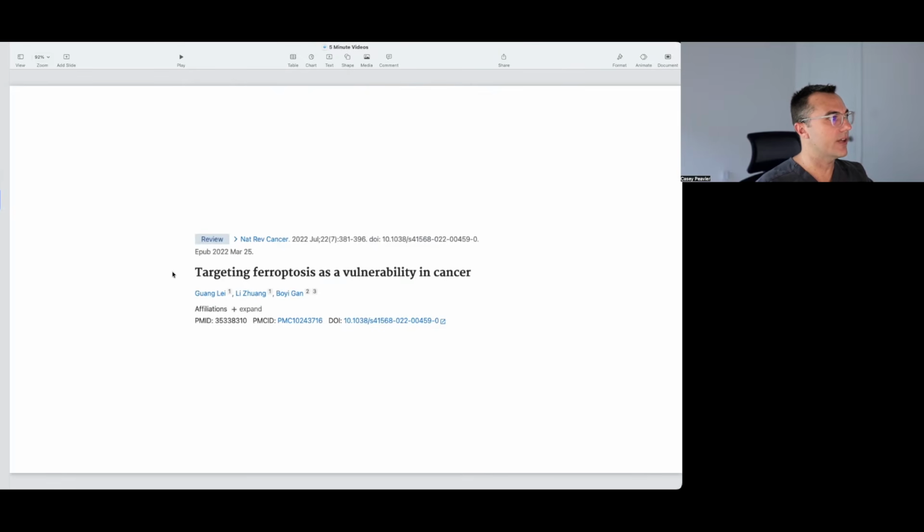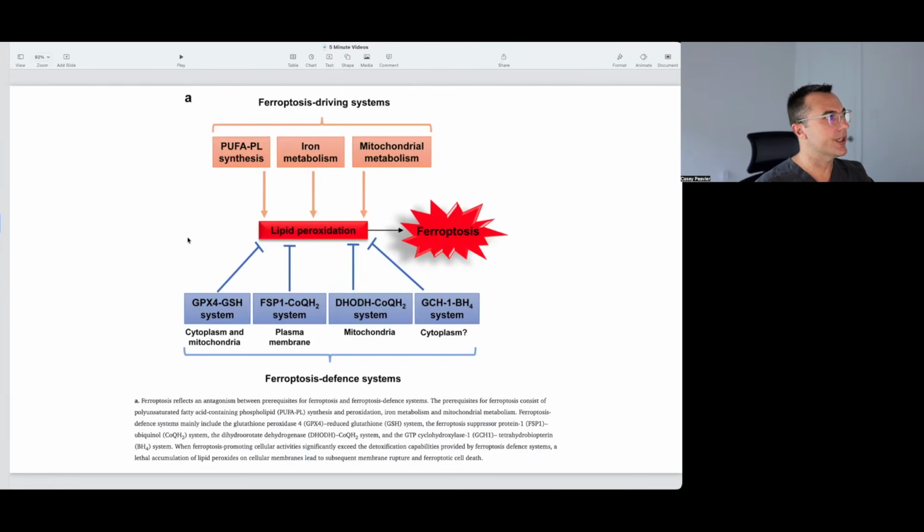Ferroptosis is a vulnerability in cancer, from July of 2022, and I'm going to focus in on this particular graphic right here. So all the text that we read about on Monday effectively comes down to this graphic right here. There are ferroptosis driving systems, and there are ferroptosis defense systems.